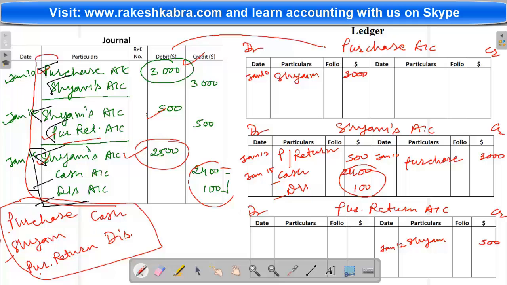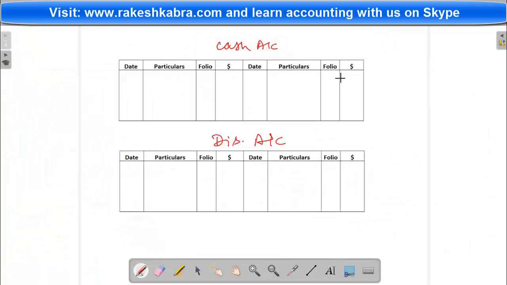Now tell me, is the cash account debited or credited? Cash account is credited. Credited with how much amount? 2,400. So in the cash account on the credit side I will write 2,400. And what is the name of the opposite account?